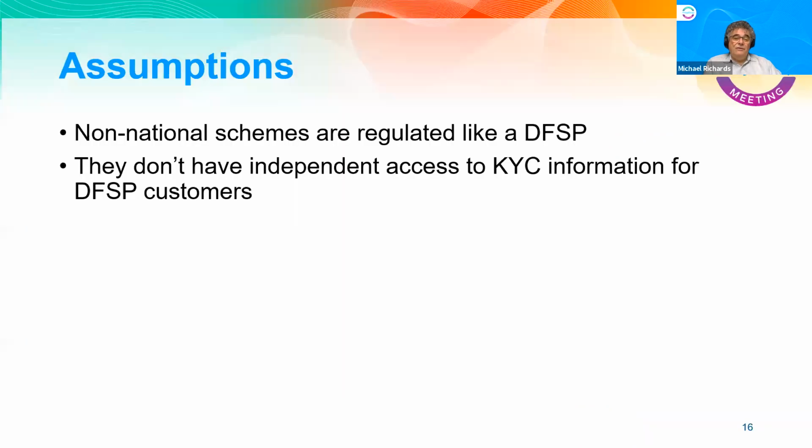And in that case, we assume that those non-national schemes will be regulated like a DFSP. They will have to meet the same sorts of standards as a DFSP would to convince a regulator that they are operating correctly and that they are not supporting the transfer of funds where they should not. However, unlike a DFSP, they don't have independent access to KYC information.